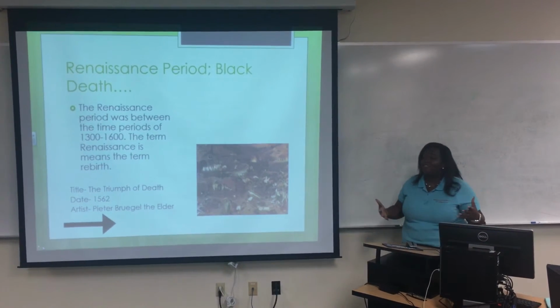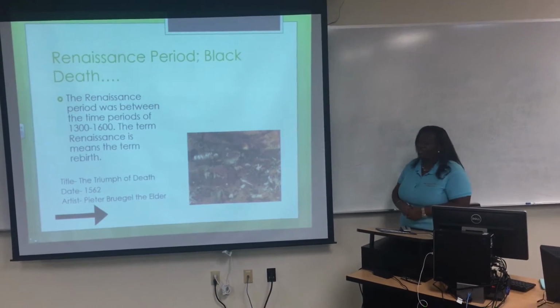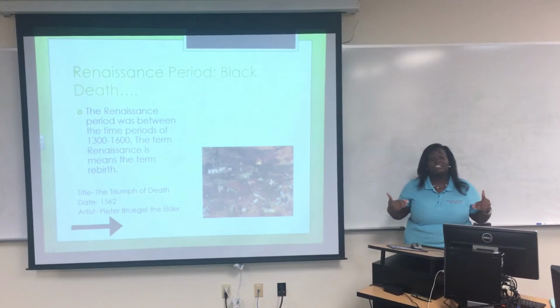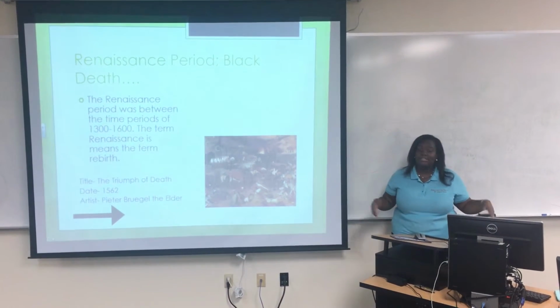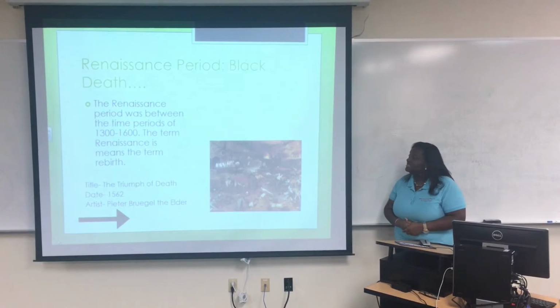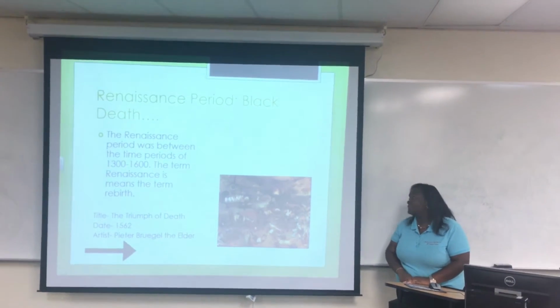Basically, what Black Death meant was that the Christians had a problem with the Europeans and they got into a fight, and they thought that God was punishing them by giving them the bacterial disease, Black Death. Also in the picture you can see that the primary colors, you have red, and you also have a few complementary colors as well.